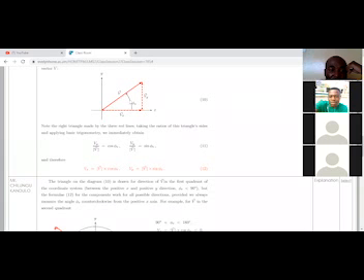The adjacent is Vx and the hypotenuse is V. Also, Vy over V is sine phi, meaning opposite over hypotenuse. So that's what we get when we say Vx equals V cos phi and Vy equals V sine phi. That's all. So in this quadrant, that is the only reasoning.